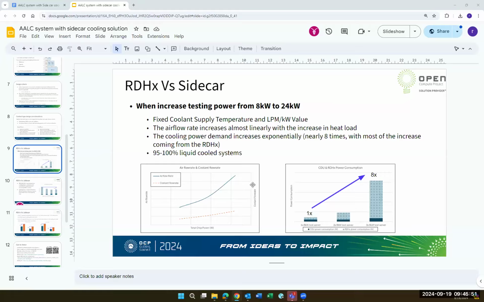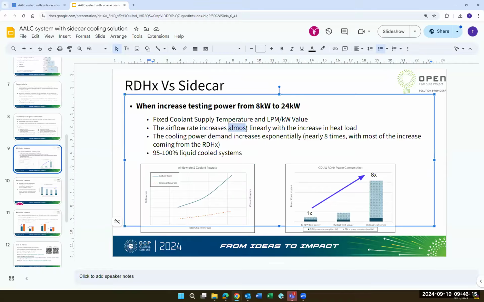Oh, okay. Between this and this, I didn't understand what the typo is here. Yes, in the point we say the flow rate increases almost linearly with the increased heat load, but exactly the linear one is the coolant flow rate, not the airflow rate. Okay, increasing the heat load. Yes. So the airflow rate should be revised to the coolant flow rate. Yeah, can you double check on that and get back to me, please? Okay, maybe I can check the information internally.